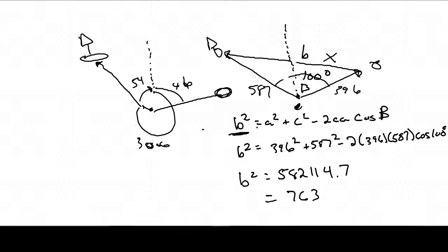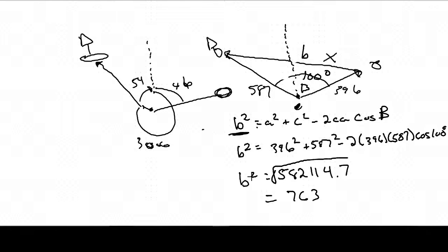Do you just type the whole thing in the calculator? I type it in exactly how it's written because I have a TI-84. So you did 396 squared plus 587 squared minus 2 times 396, just exactly as it's written.